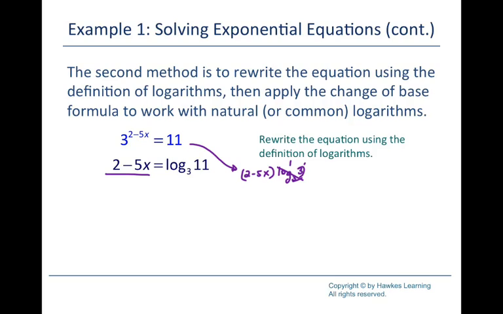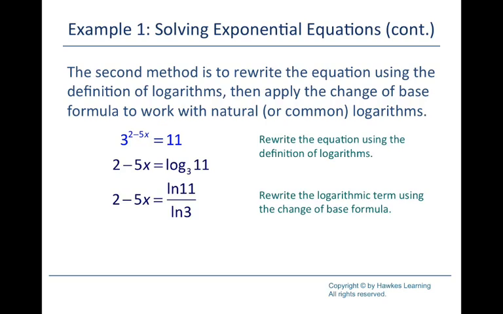Now you're going to have the change of base formula on the right, that the log base 3 of 11 is the same as the natural log of 11 over the natural log of 3. Or you could say log base 10 of 11 over log 10 of 3.